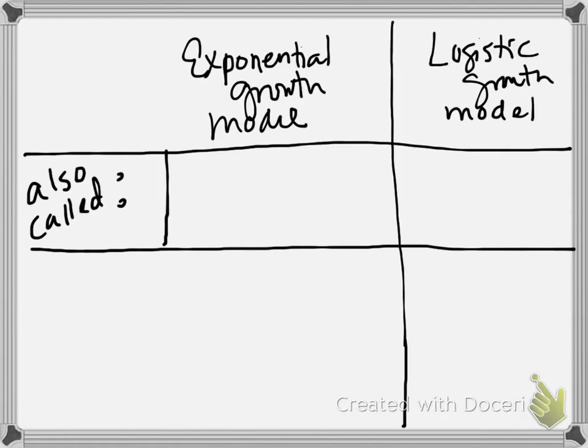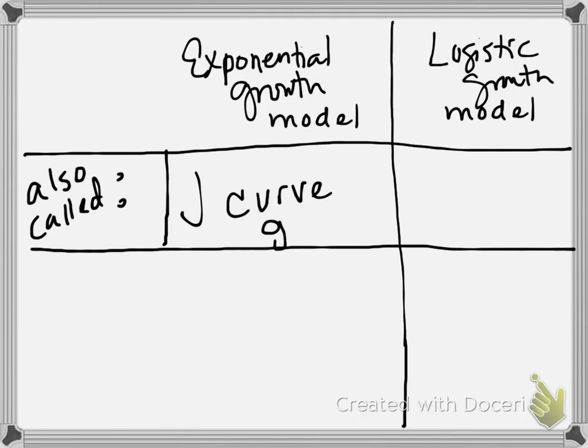We're going to do sort of a comparison here. They both have sort of alternate names, and their alternate names in both cases come from the letters of the alphabet that they look like. So exponential growth model gets called what kind of growth? J-curve. So this is also called J-curve growth.